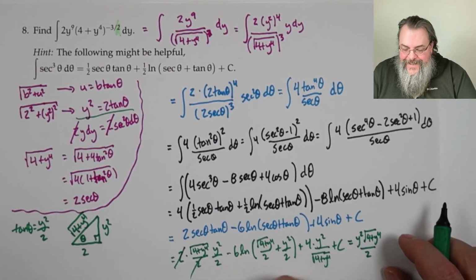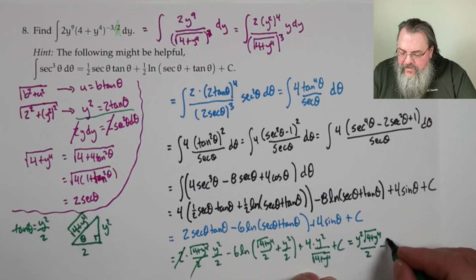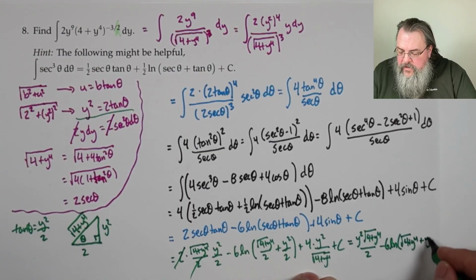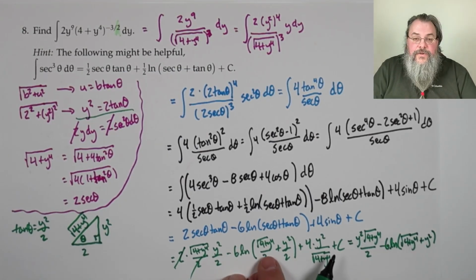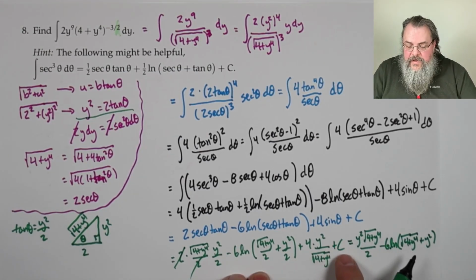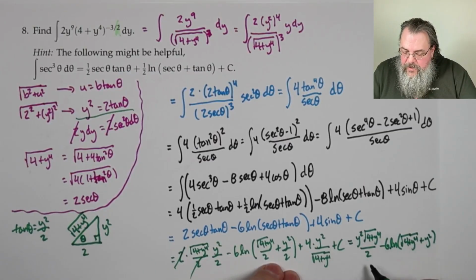Yeah, you can. And so this becomes minus 6 log square root 4 plus y to the 4th plus y squared. And you might say, well, what happens to that minus 6 log 2? It gets absorbed by that plus c. And then you have plus 4y squared over the square root of 4 plus y to the 4th.